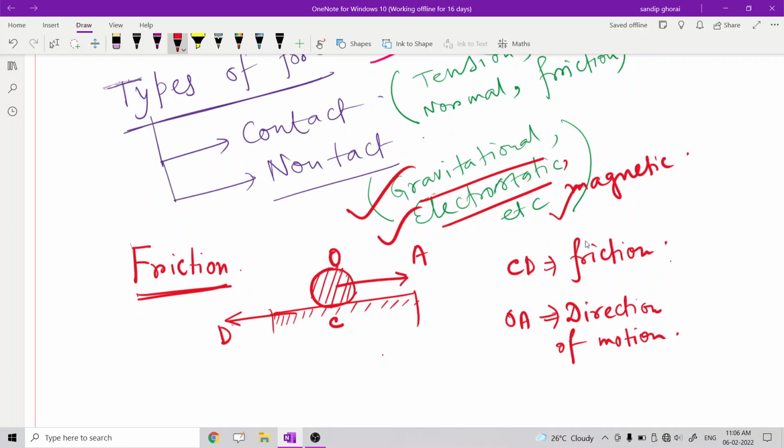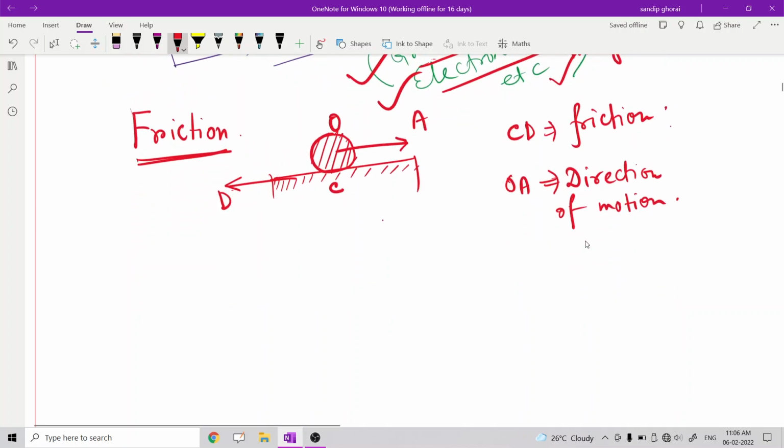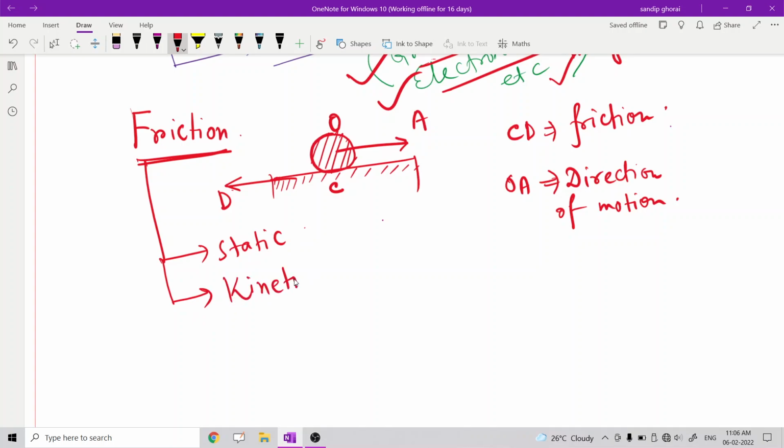And friction is of three types. You can take one is static, and the second one is kinetic. Static friction is also divided into two: one is sliding and another one is rolling friction.